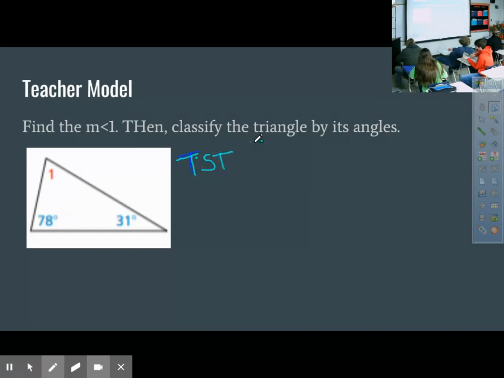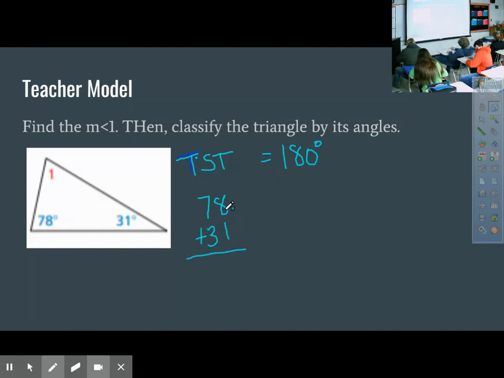which says that all three add up to equal 180 degrees. Okay? Well, this is 78 and this is 31, and I need to see how much I need to add to that to make it 180. So to do that, I would do 78 plus 31 to see what they add up to already. 8 plus 1 is 9, 7 plus 3 is 10. So these two angles add up to 109 degrees. Well, I need them to add up to 180.